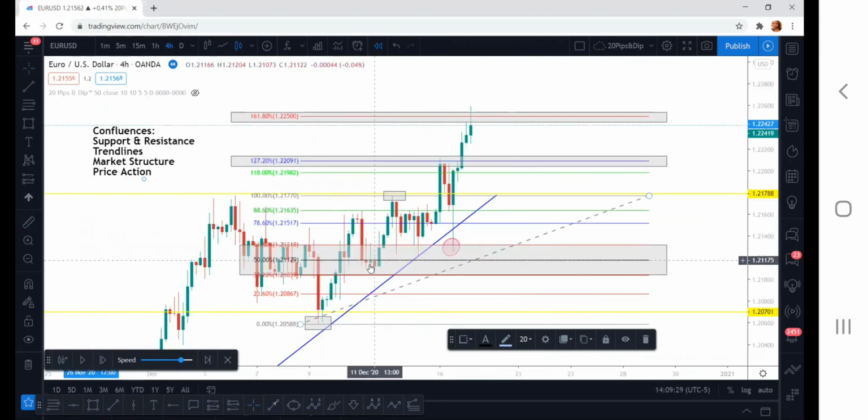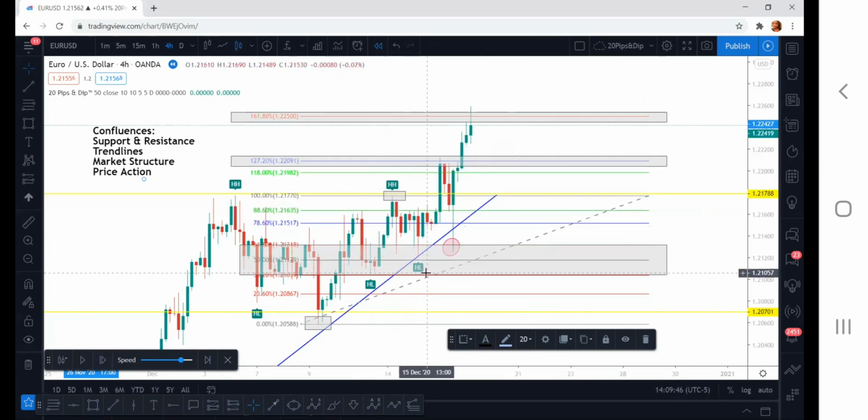You can also take a look at the candlestick patterns for price action. What are the candlesticks telling you? You can look at market structure. The market here is creating waves, it's creating higher highs and higher lows, higher highs and higher lows. The market is continuing in its trend.